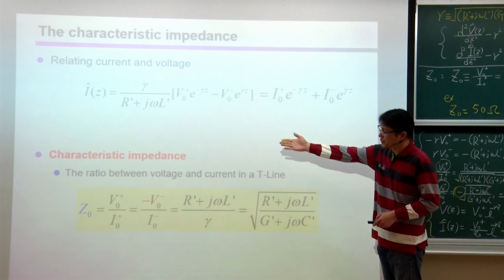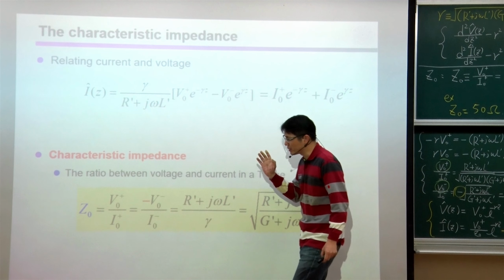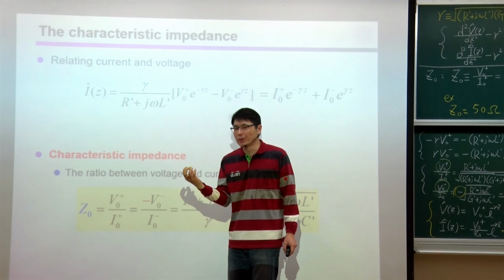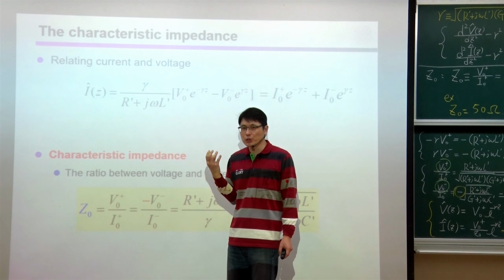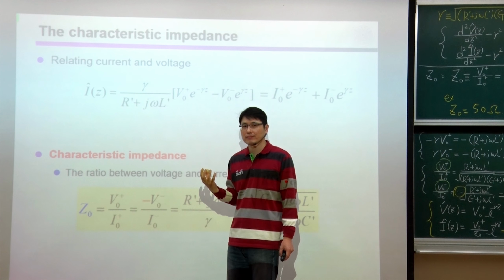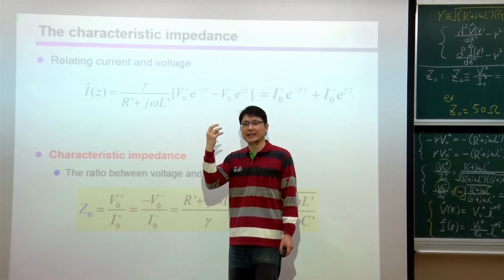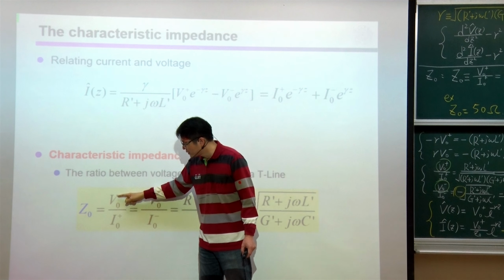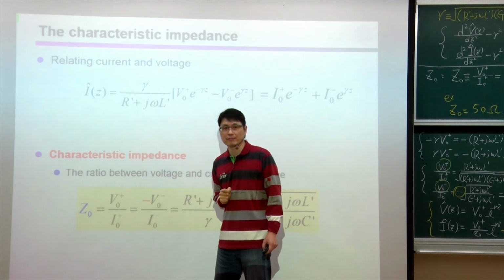So through this relationship, after introducing characteristic impedance, remember again, characteristic impedance is the parameter intrinsic to the transmission line. Once you have a given transmission line, the ratio of the positive propagating voltage to the current should be fixed.